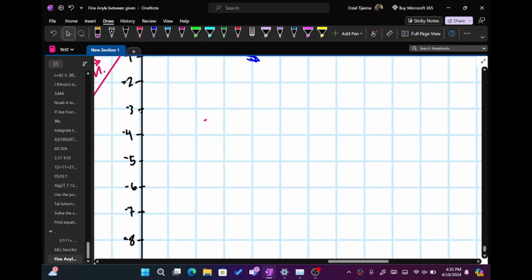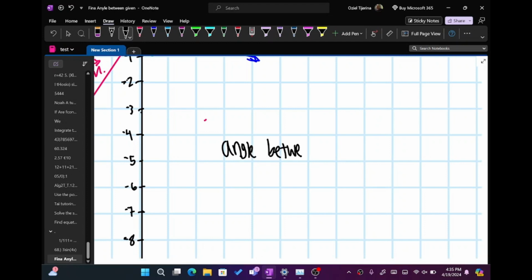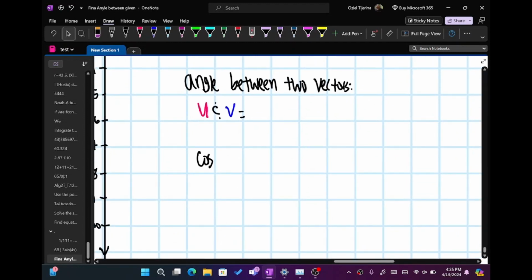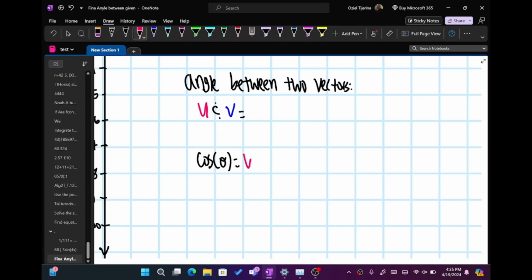So the angle between two vectors, I'll call them u and v, is going to be cosine of theta is equal to u dot v over... hold on guys, give me a second.